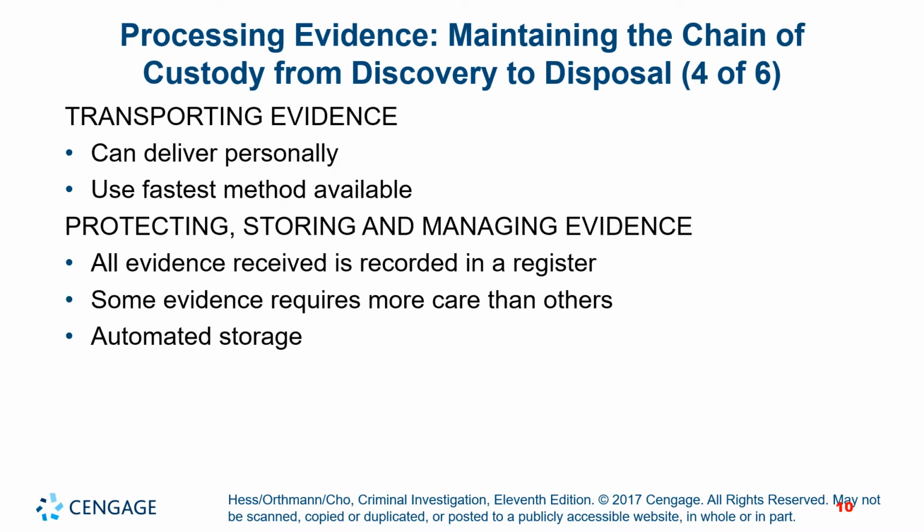There are several modes that are acceptable in terms of transporting evidence, and they include personal delivery, where things are taken from a crime scene to a lab, for example, in an official vehicle. Registered mail, insured parcel post, air express like Federal Express and UPS.